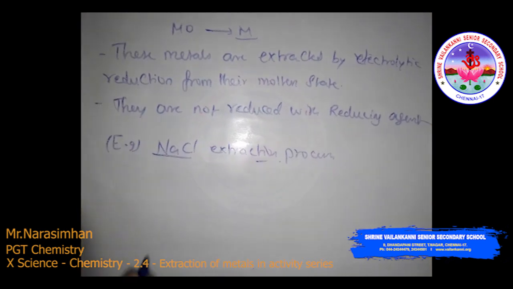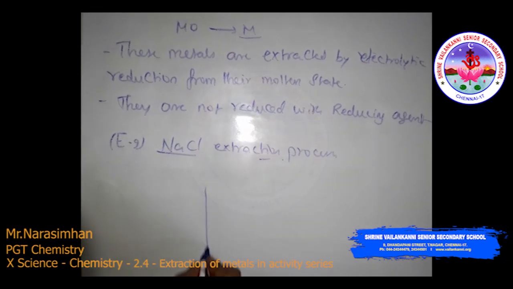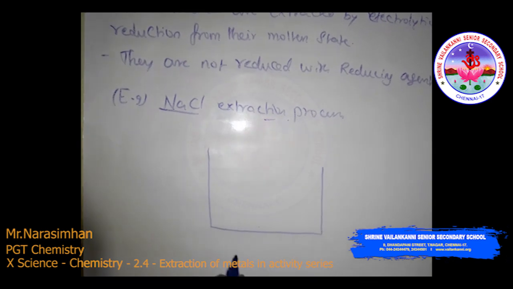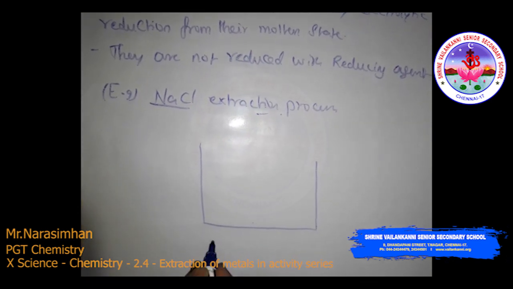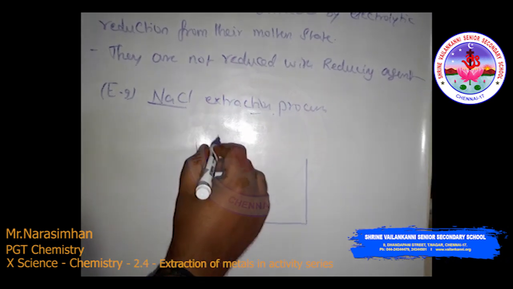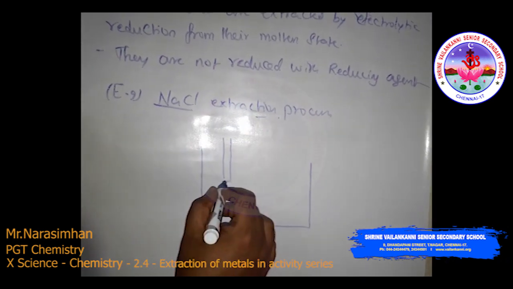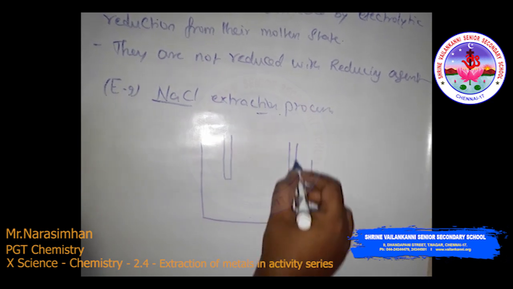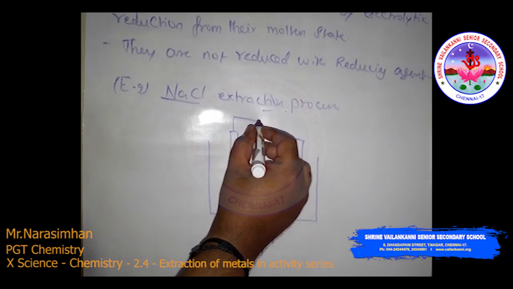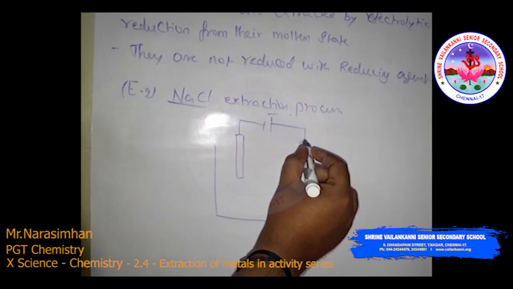In the electrolytic process we use molten NaCl. Here in the electrolytic process you have electrodes: one is the cathode, another one is the anode.